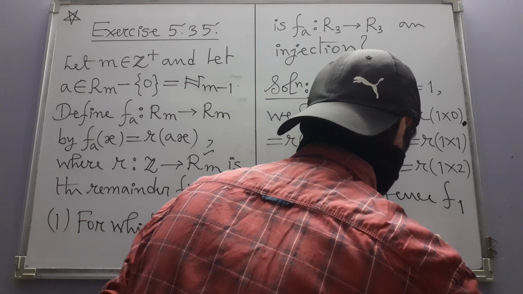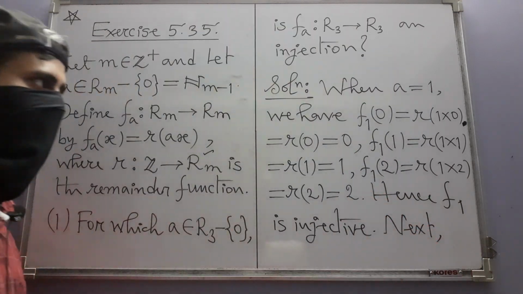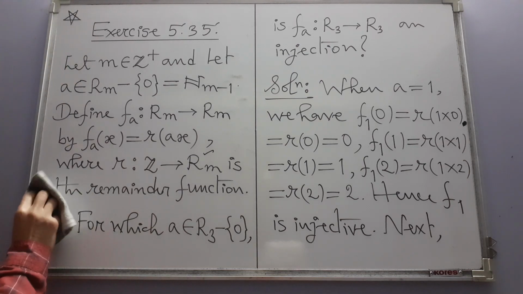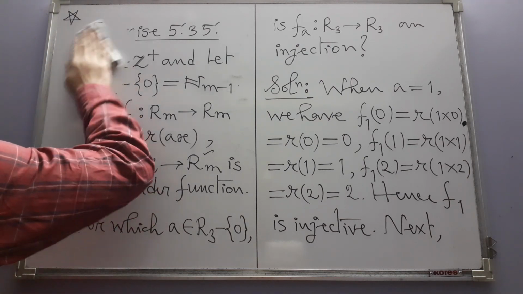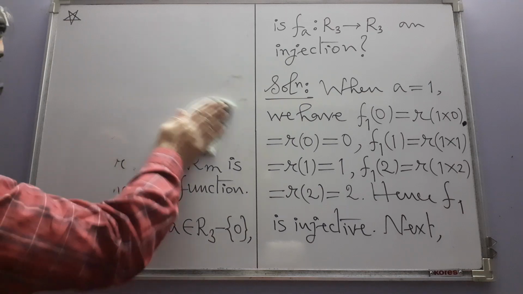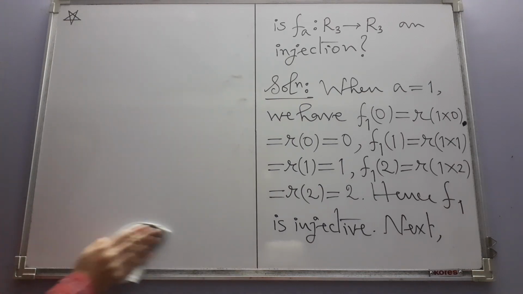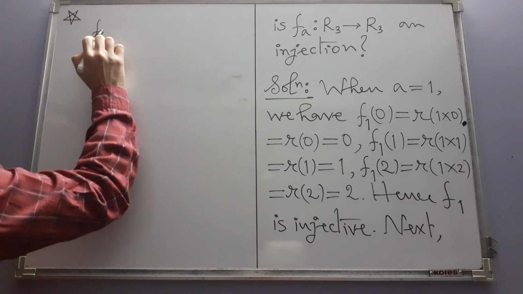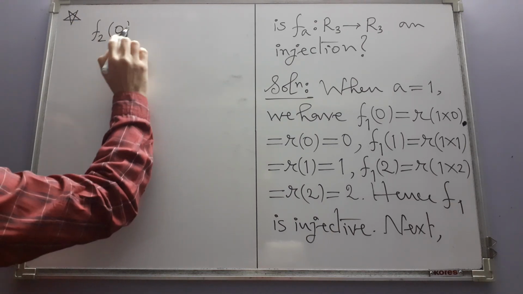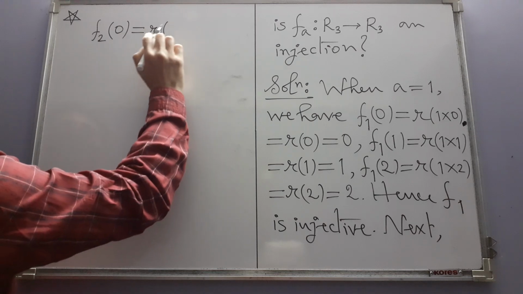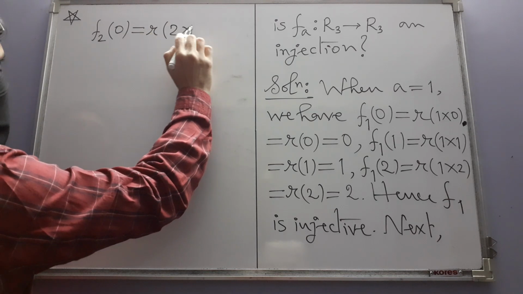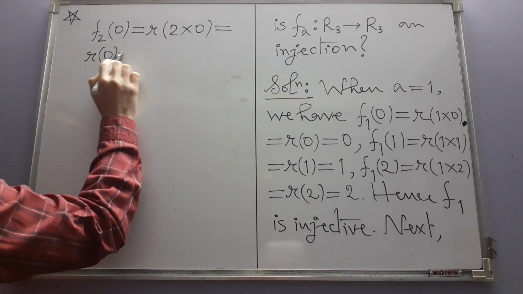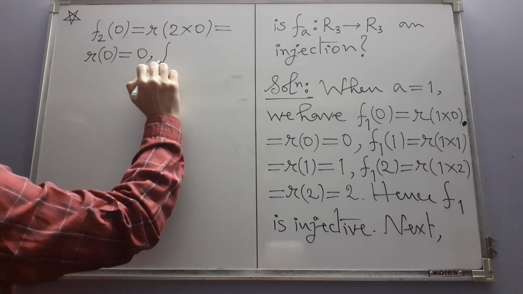Next, we calculate f2, because that's the other possible value a can take. First we calculate f2 of 0, which is r of 2 times 0, which is r of 0, that is just 0.